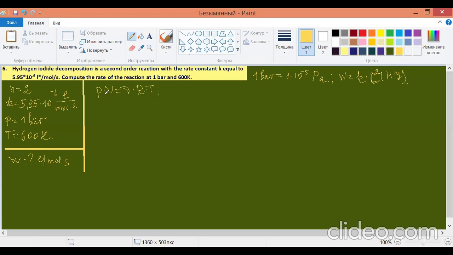Okay, let's divide both sides by V, and we will get P equal to nu over V times RT. But this term nu over V is equal to concentration C, moles per cubic meter, yeah?